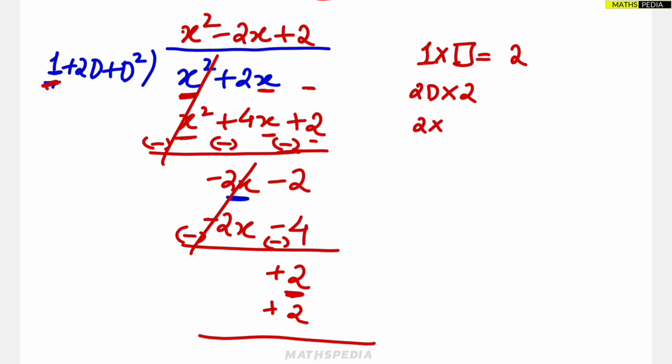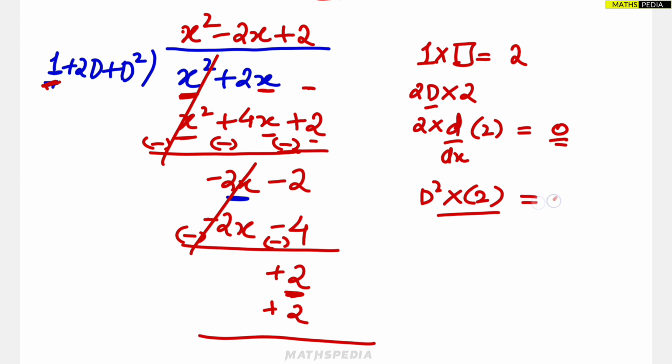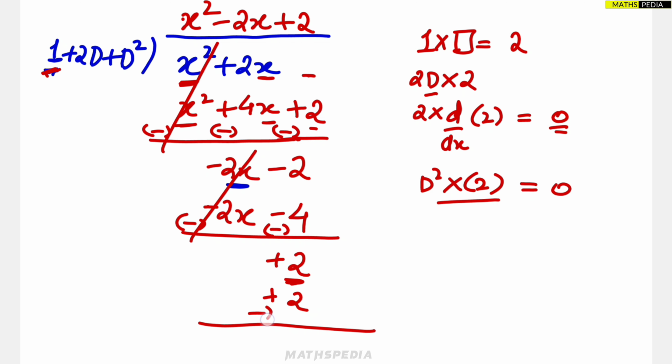Basic meaning is differentiation of a constant is always 0. So no need to consider anything, d square anyways will be 0. So plus 2 will be remaining. So subtract 2 minus 2 is 0. So always remember you should get the remainder as, sorry, you should get the remainder as 0.